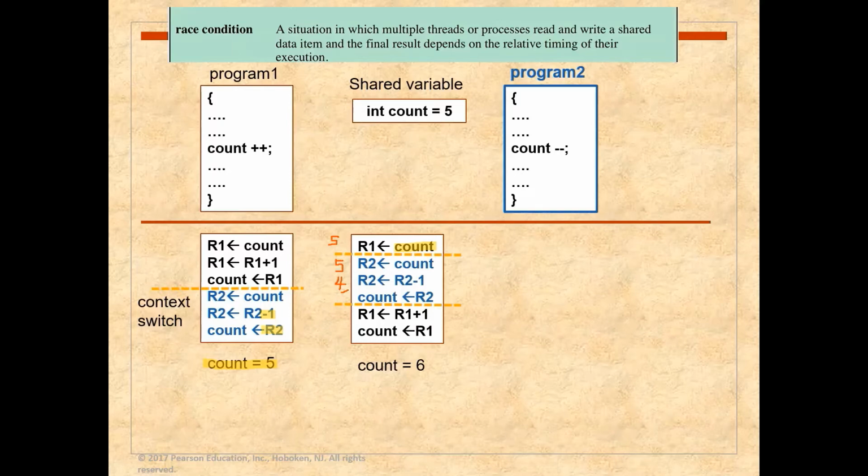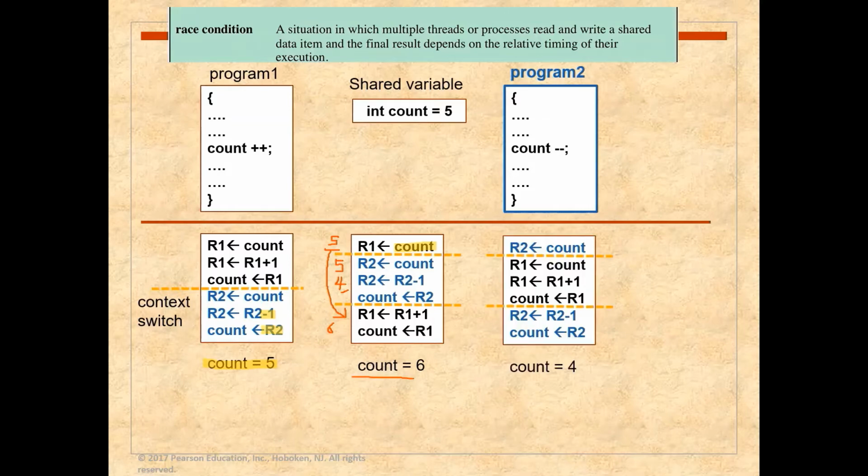The value of R1 just now is 5, so it will continue from there. 5 plus 1 becomes 6. So now the final value of count is 6, so it's not consistent, right? If we have this kind of scenario.